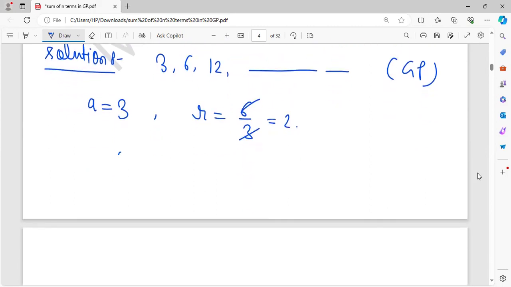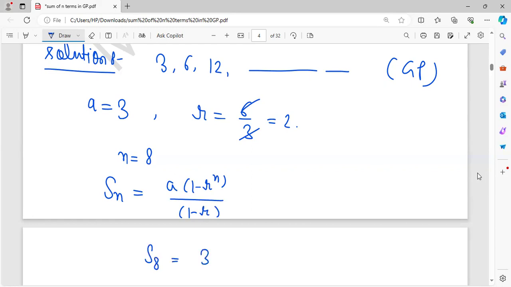Here n is 8. So what is Sn? The formula is a into 1 minus r to the power n upon 1 minus r. So S8 is equal to 3 into 1 minus 2 to the power 8 upon 1 minus 2.